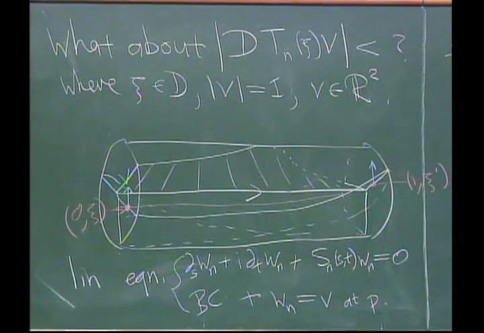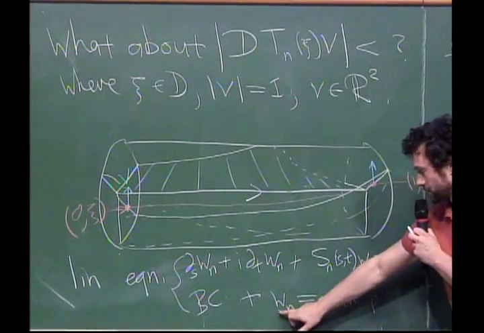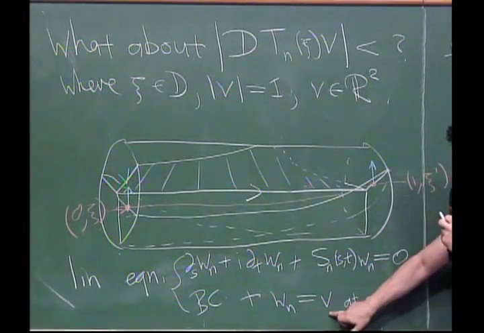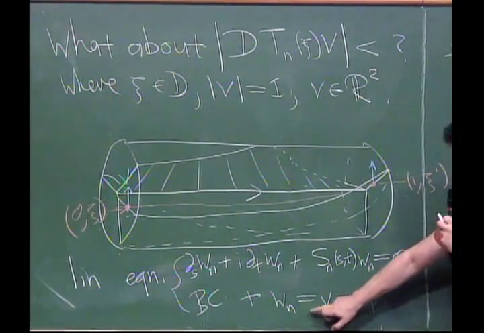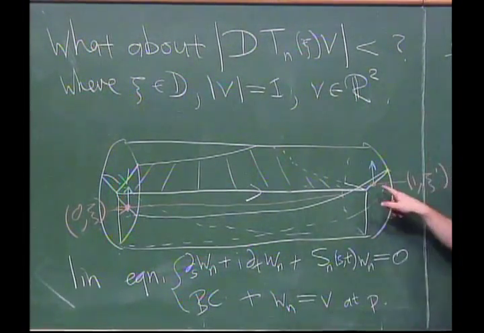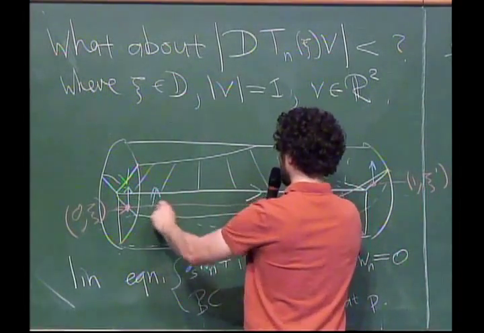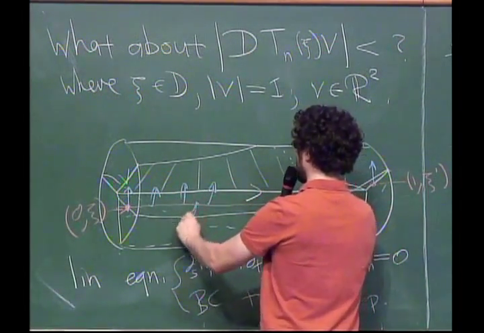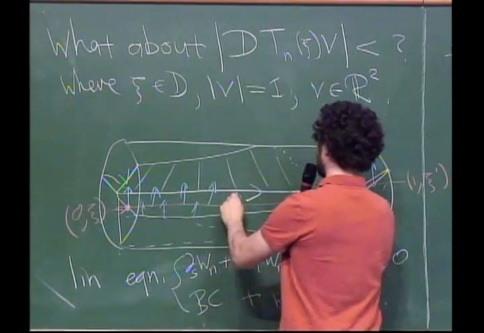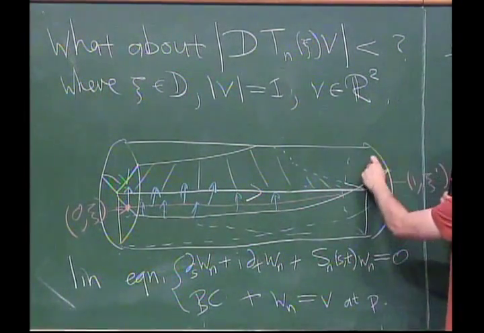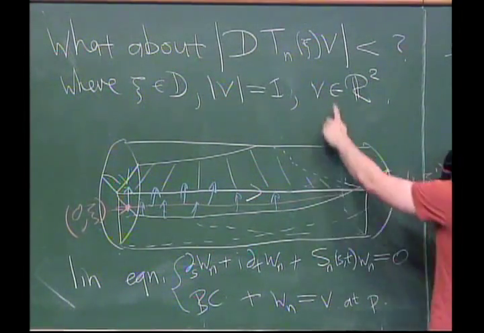So for every point, there's always exactly one solution, W_n, with this given condition. And then you just look at this W_n and see what it spits out over here. So W_n is now a vector field sitting on this leaf, and it spits out some point over here. And that's what your differential is.